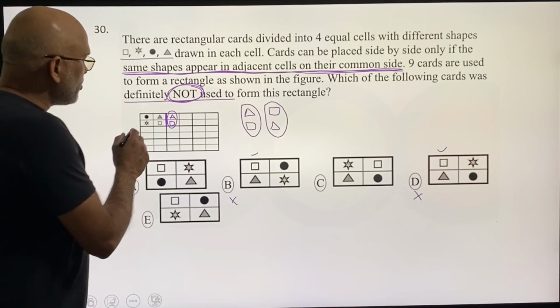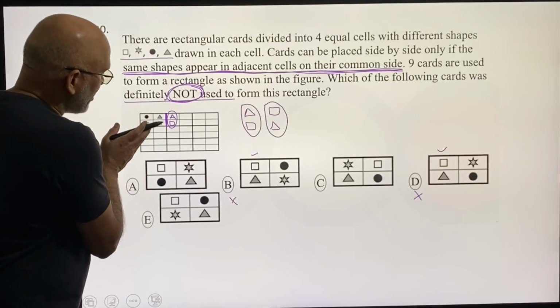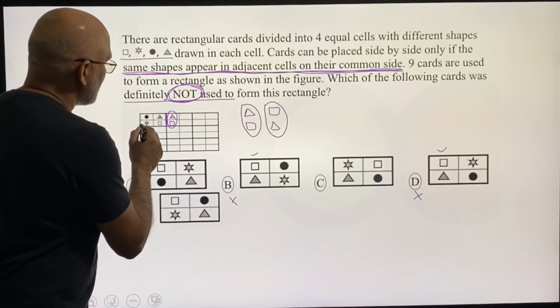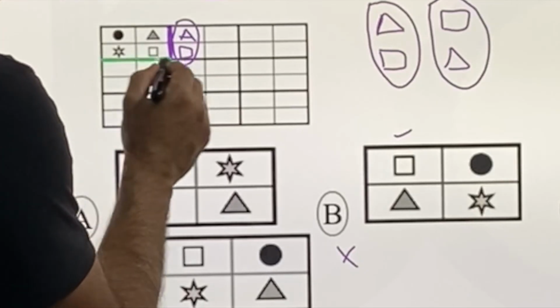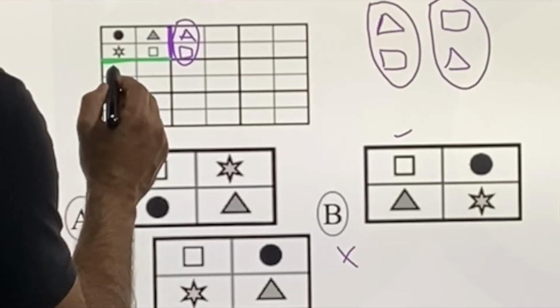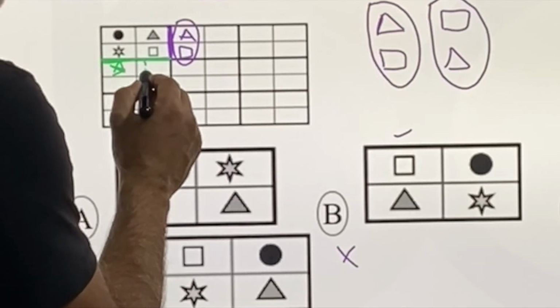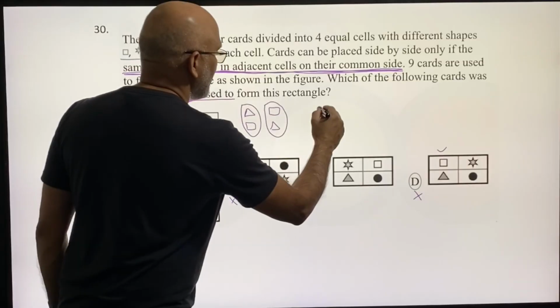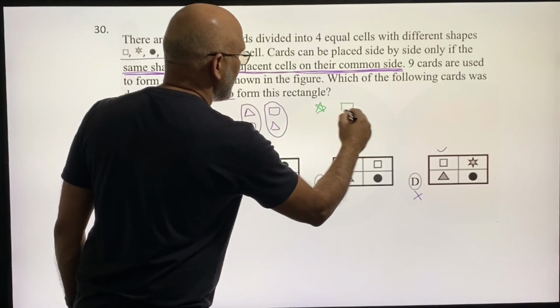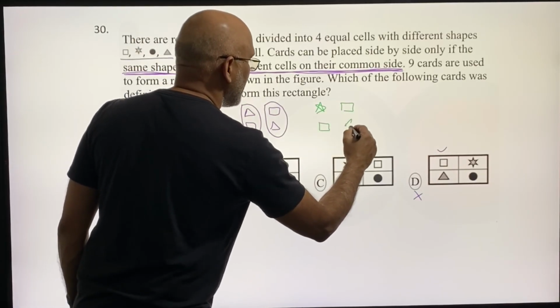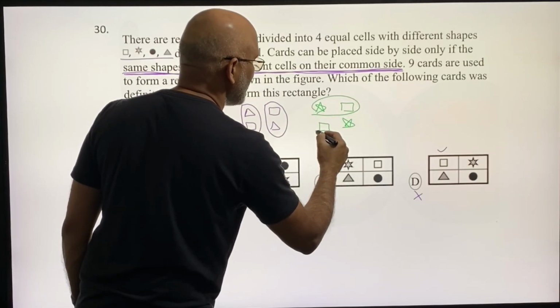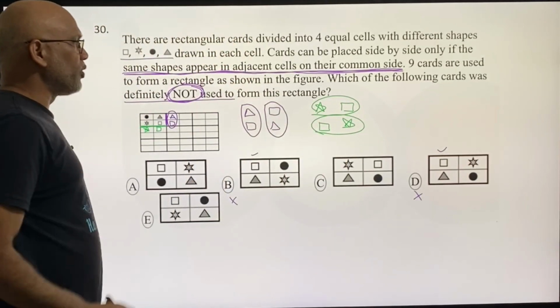Now let's talk about the cards that we have to arrange vertically. So let's take this one. Here, this is another common side, and these 2 cells have to be filled by a star and a square, or similarly a square and a star. So either this or this, both will be valid.